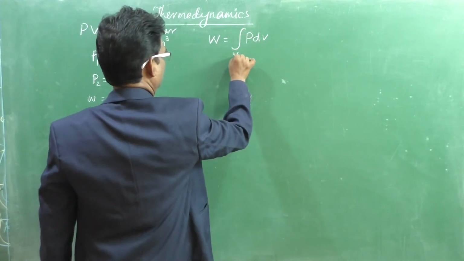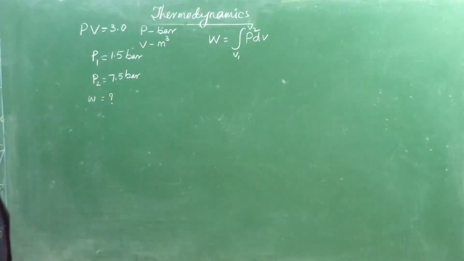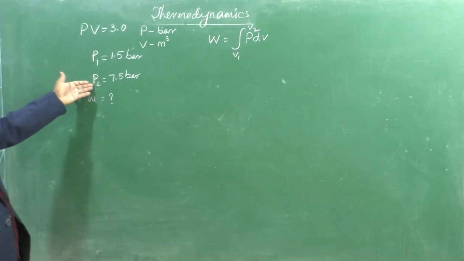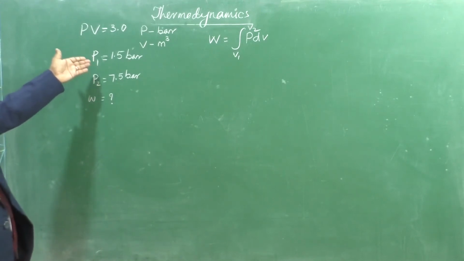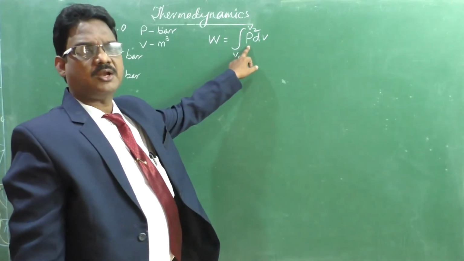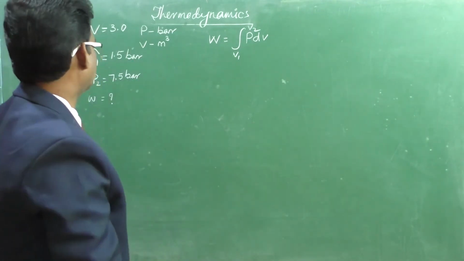The given parameters are P1 and P2, so we need to express the P term in terms of volumes.